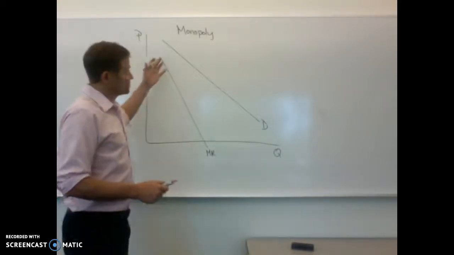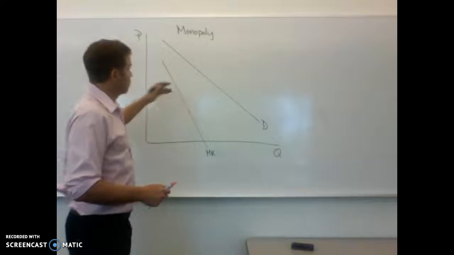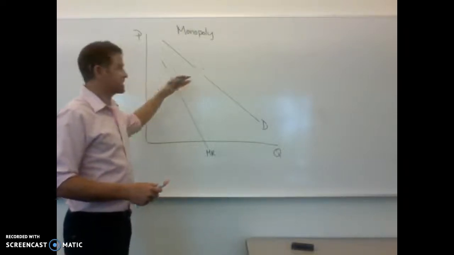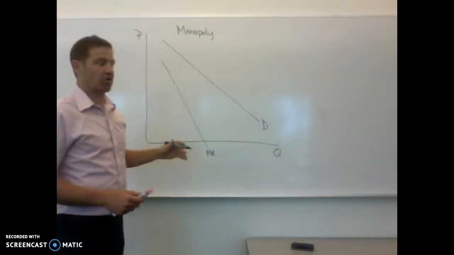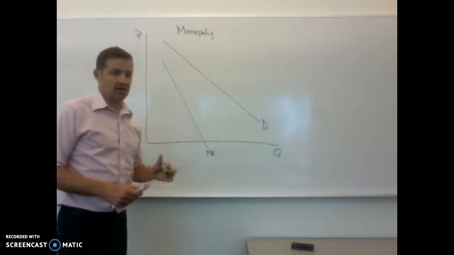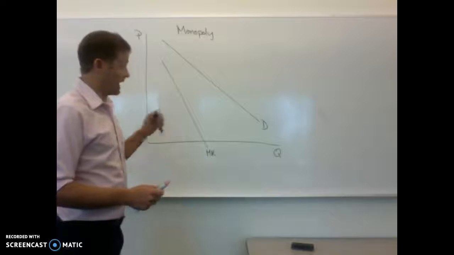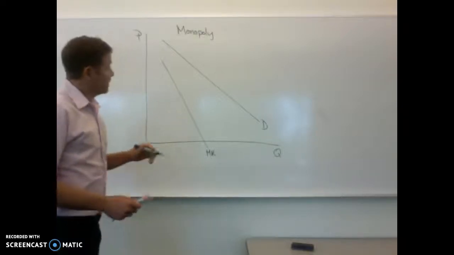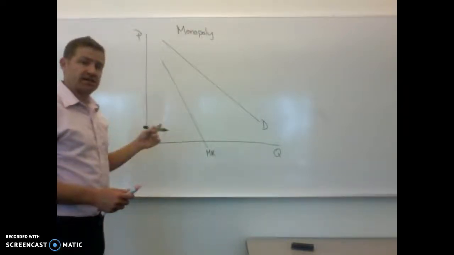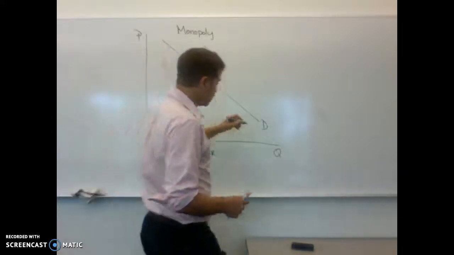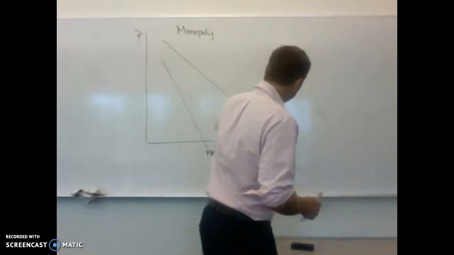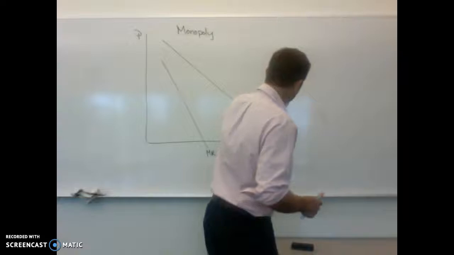So to start with, let's just look at why in perfect competition we were staring at a horizontal demand curve, and why in a monopoly we are staring at a downward sloping demand curve. Basically, anytime that you see a downward sloping demand curve in a firm, we can say that this firm has market power.